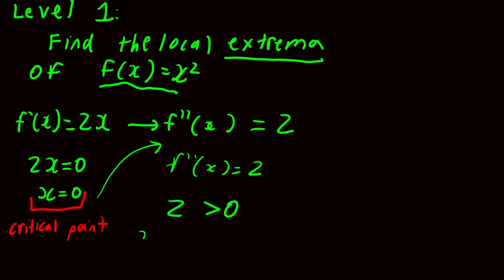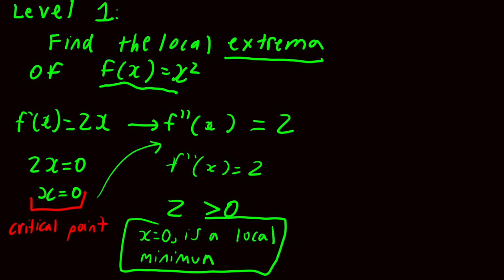So x equals 0 is a local minimum. And boom, that's our answer, right? Since 2 is bigger than 0, we know the graph is concave up, and we know concave up graphs have a local minimum. And you might be kind of confused, what do I mean by local minimum?